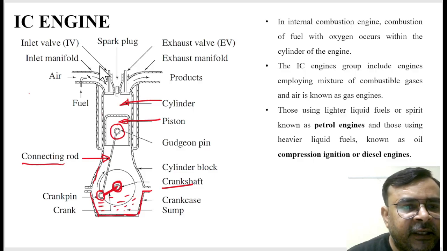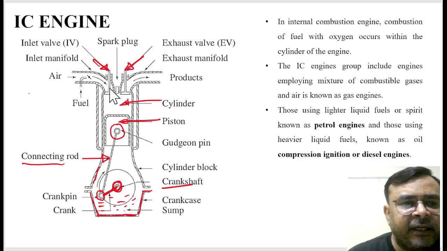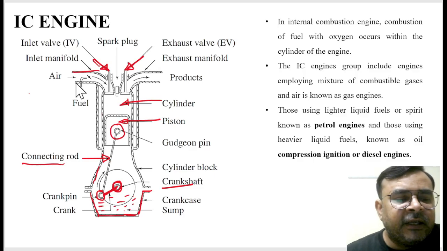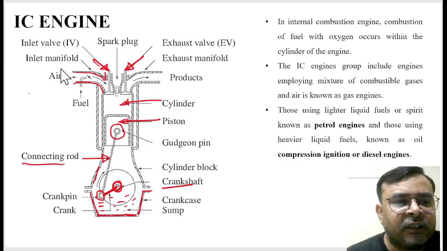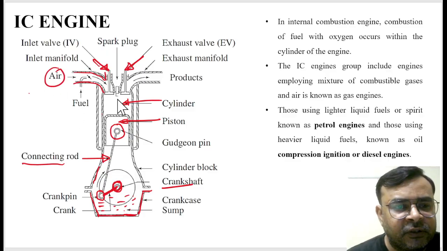This is the inlet valve and this is the outlet valve, and this is an inlet manifold, which is an opening from which either air or an air-fuel mixture can enter into the cylinder.